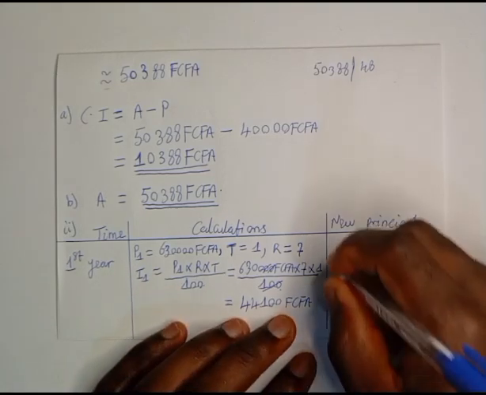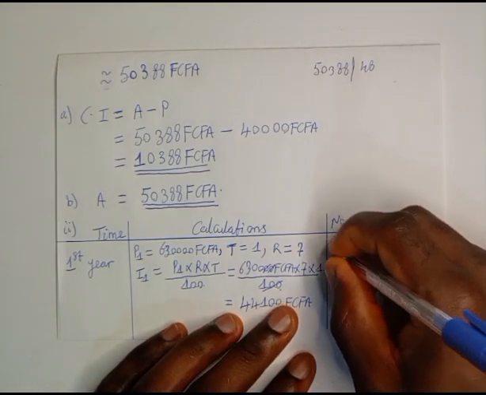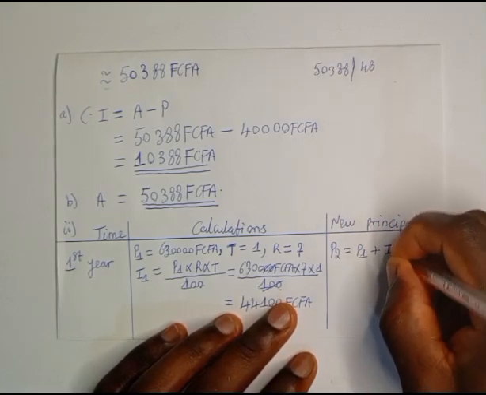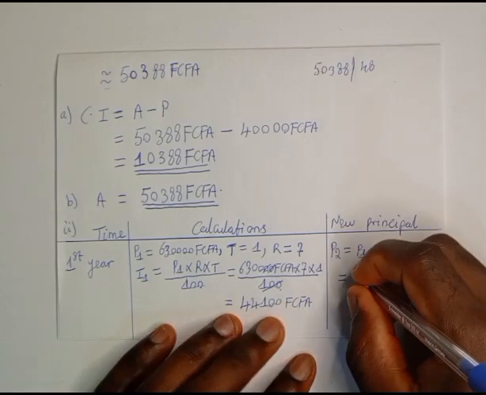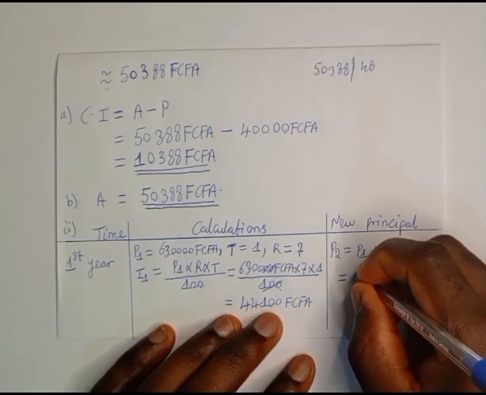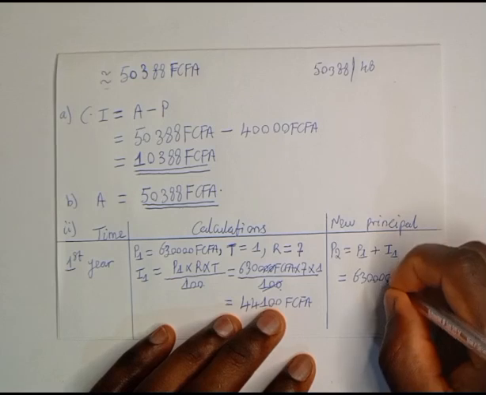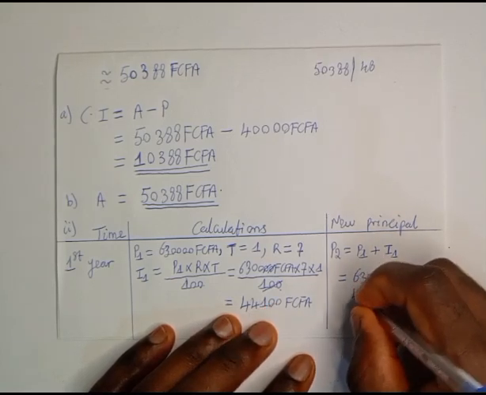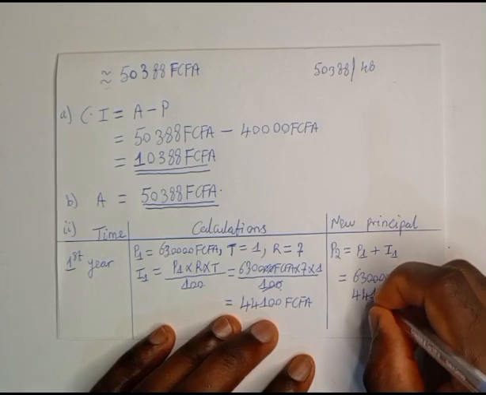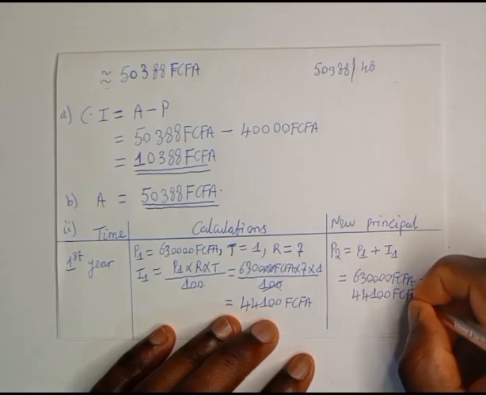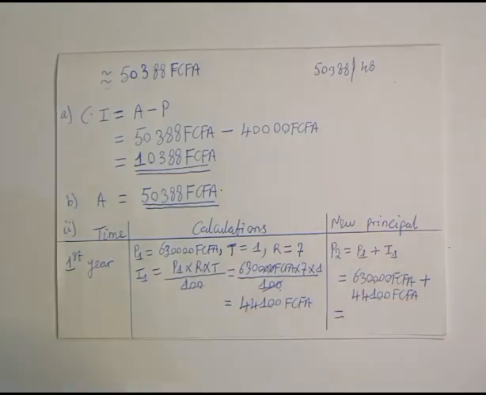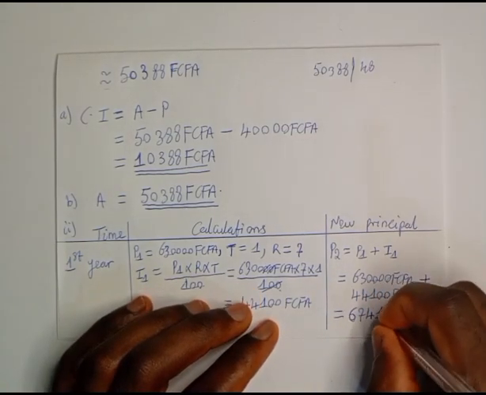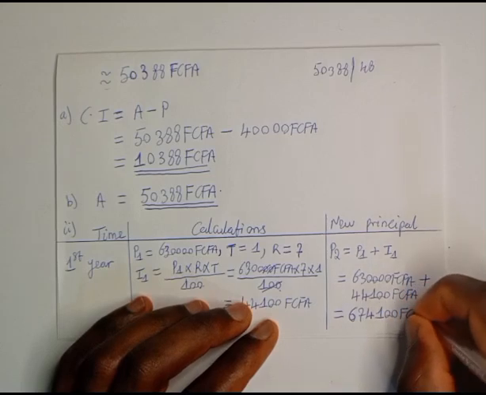Knowing our I1, we can calculate the principal for the second year. P2 is simply equal to P1 plus I1, and this will be equal to 630,000 francs CFA plus I1, which is 44,100 francs CFA. This will be equal to 674,100 francs CFA.